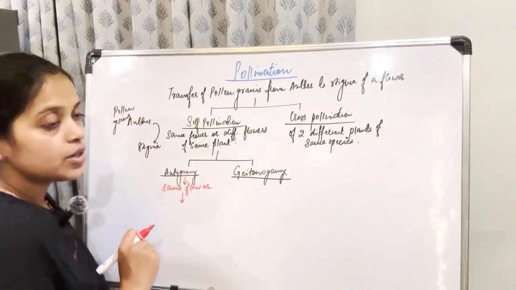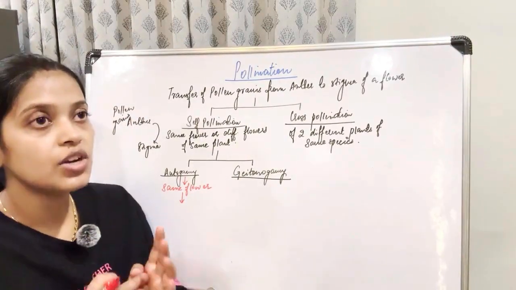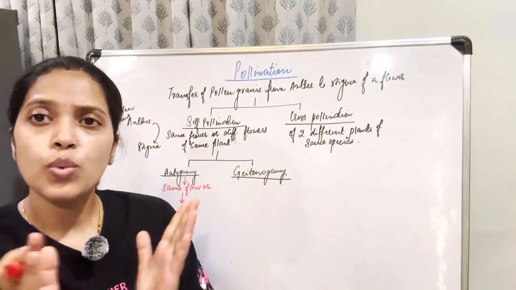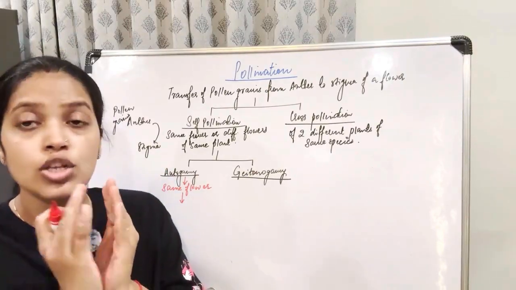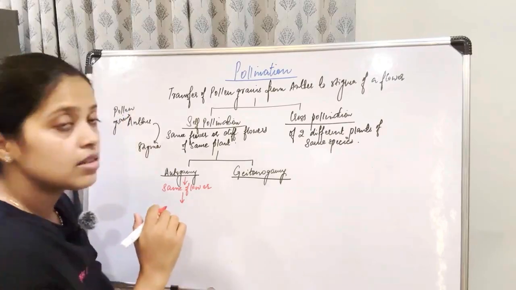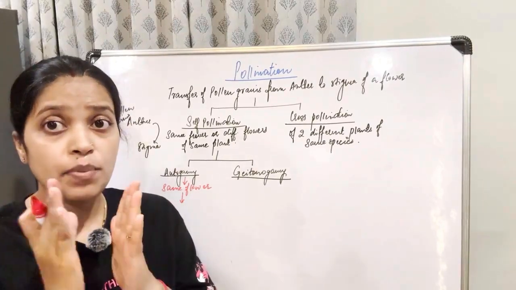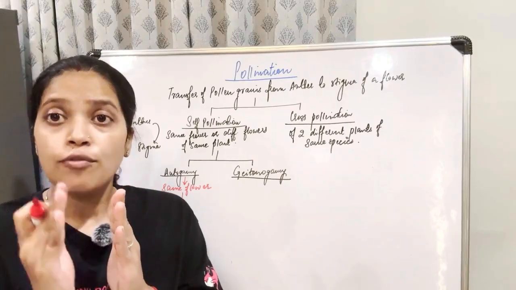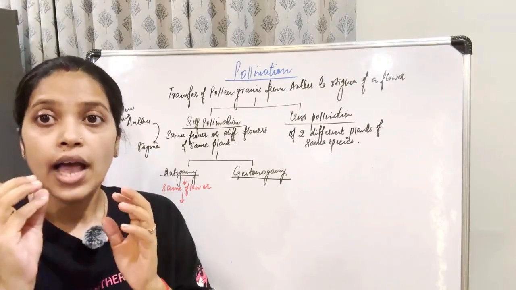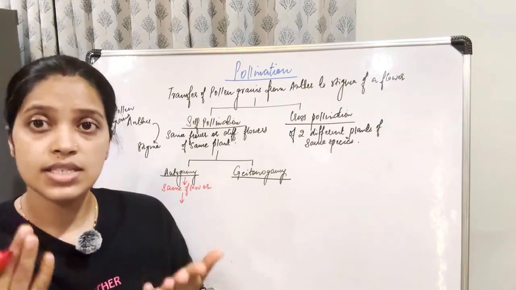For autogamy to take place, understand, if the transfer is taking place within the same flower, that means the male and the female reproductive structures both have to be close enough for the pollination to take place, and also they should mature at the same time.